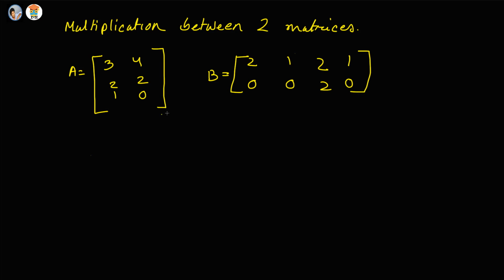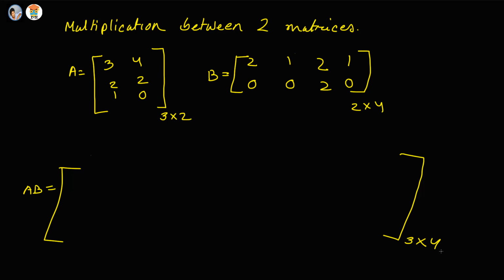So A is a 3 by 2 matrix and B is a 2 by 4 matrix. So if we want to find out A multiplied by B, it will be equal to a matrix with 3 rows and 4 columns.